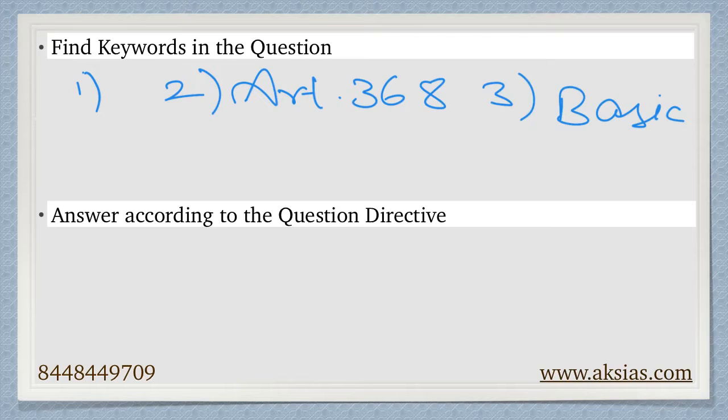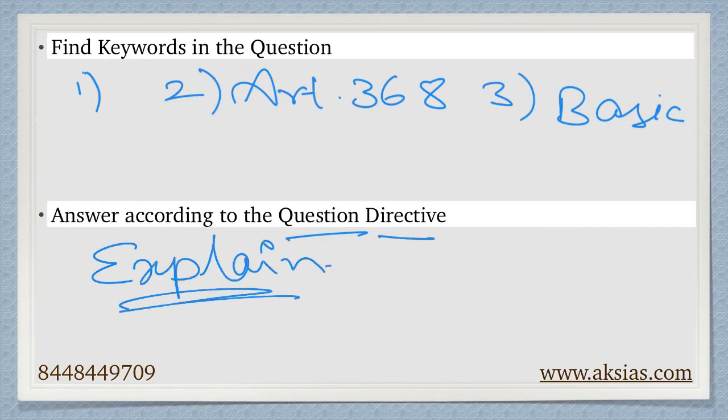The next important aspect of answer writing is to answer the question according to the question directive. Go through the same question again. Was there a question directive? In the above question, the directive was explain.